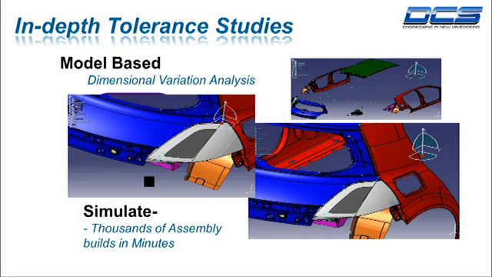The only thing that was new for sure was where the locators were going to be in 3D space, and the tooling was all going to then be built to those locating schemes, those locating positions, so that all of the parts could be assembled to them, and these studies realized very early in the design process.